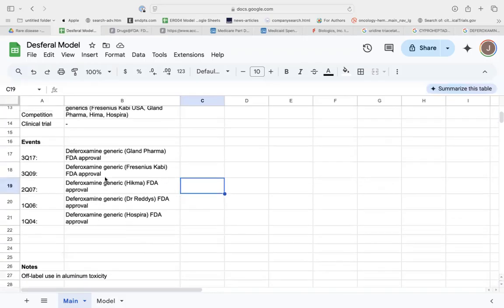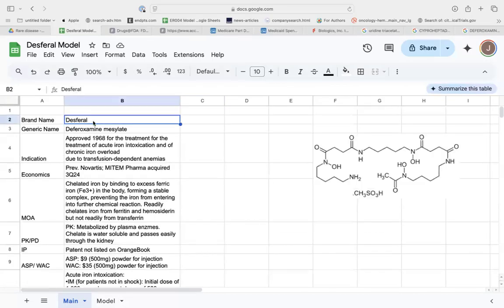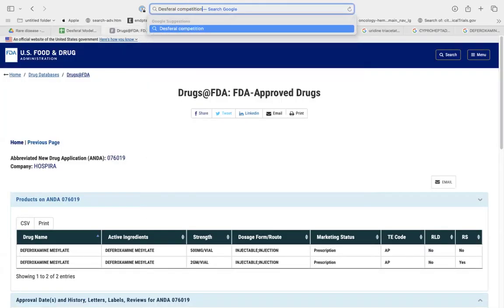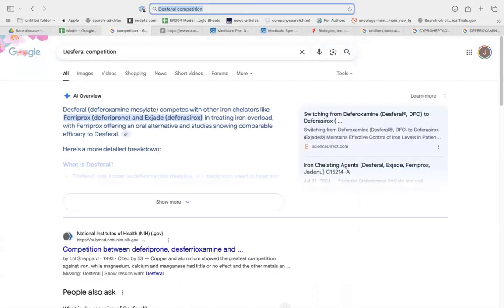What I want to look into is also the competition. Look at this for all competition, see what comes up. Obviously people think there's some opportunity to develop these drugs, even though Desferal's patent has expired and generics have come in. People are trying to develop slightly better, slightly newer competitors.